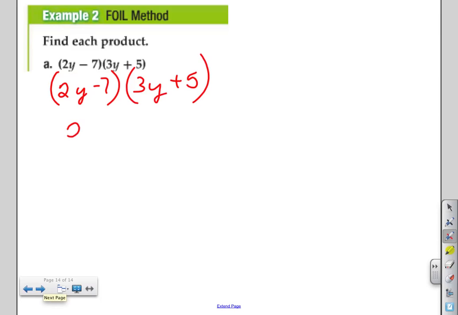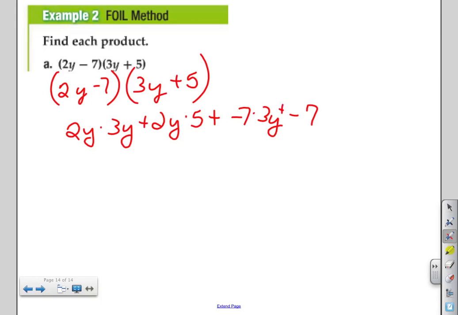So first will be 2y times 3y. Outer will be 2y times 5. Inner will be negative 7 times 3y, and last will be negative 7 times 5.